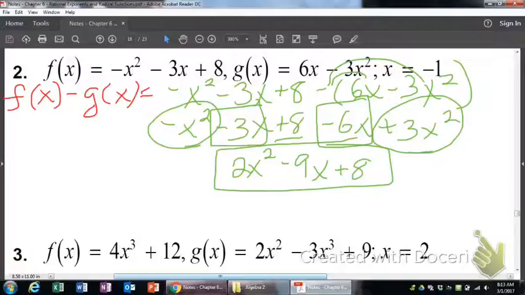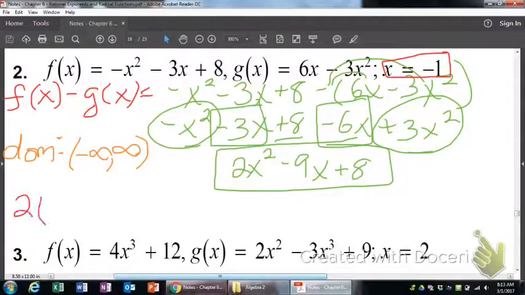I'm going to get the domain of that. Since it's still a parabola, the domain of a parabola is negative infinity to positive infinity. So that stayed the same. And then my final thing is to plug in this x equals negative 1 right here. So that would be 2 times negative 1 squared minus 9 times negative 1 plus 8.